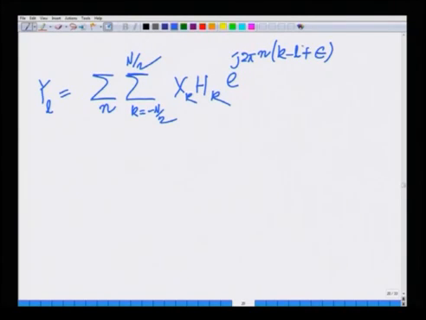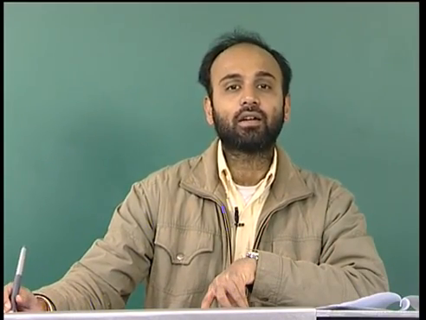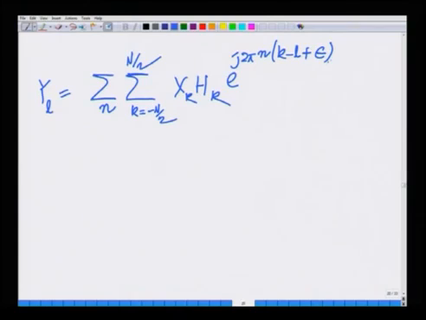Earlier, remember, we only had k minus L. Now, because of the frequency offset, we have this factor k minus L plus another factor epsilon divided by N, plus, of course, the noise that we are also taking.